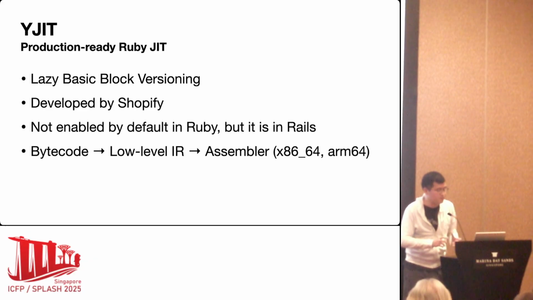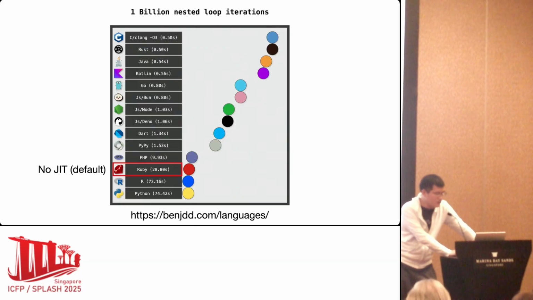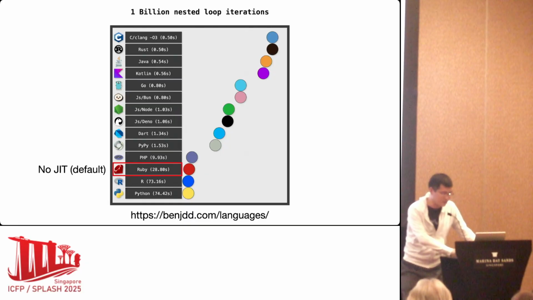So it's the production JIT out of all Ruby JITs in CRuby so far. And because it's not enabled by default, sometimes when people compare the performance of different languages, they don't enable YJIT, so they get slow performance.